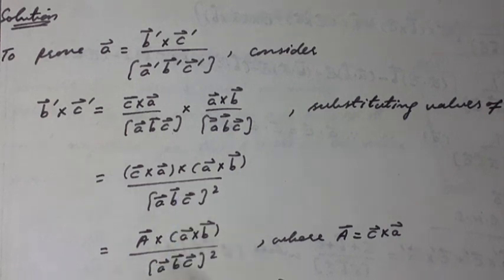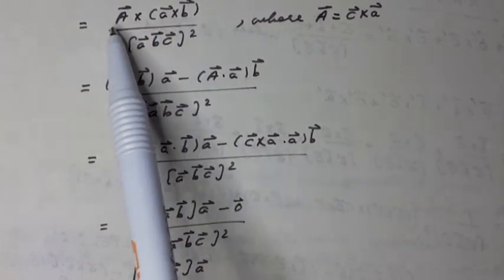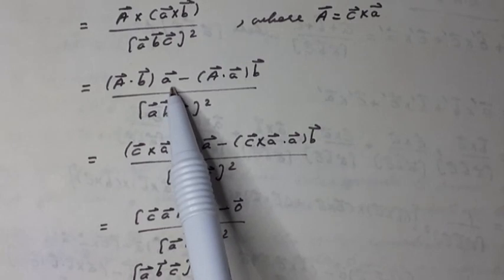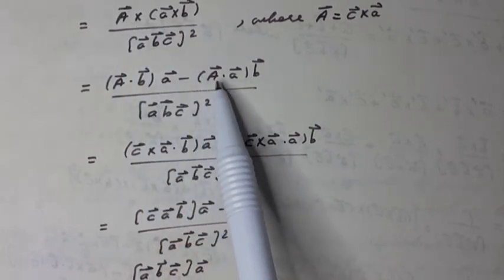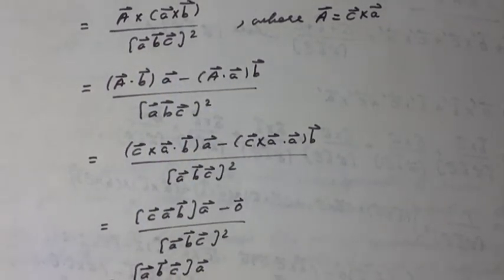It can be written as (A × b)/[a b c]², where A = c × a. Using the formula of the vector triple product, it equals ((A · b) a − (A · a) b)/[a b c]².